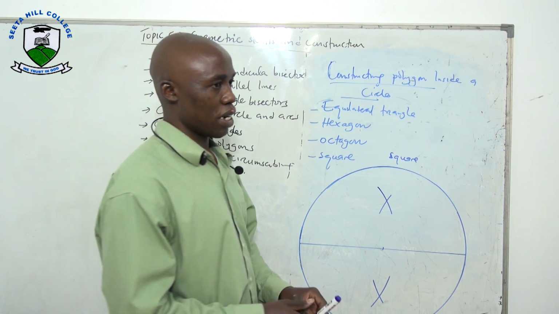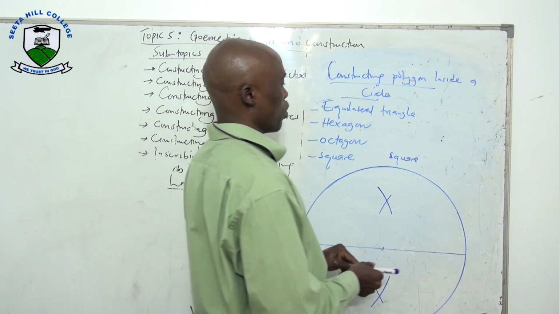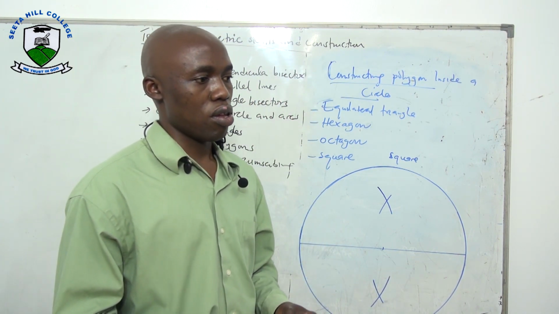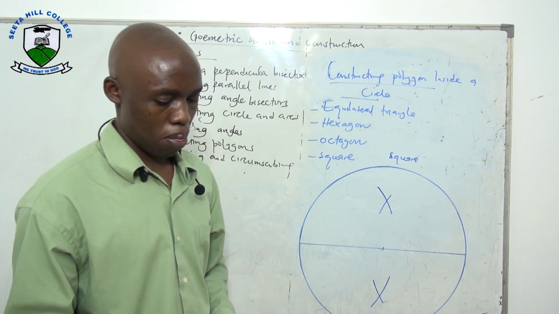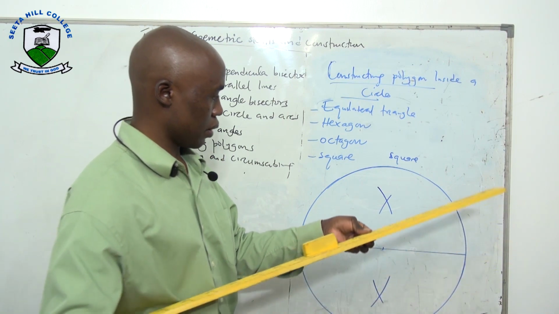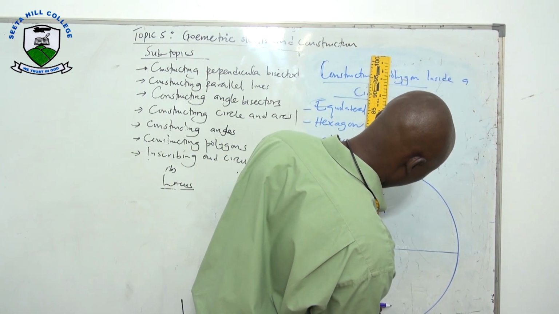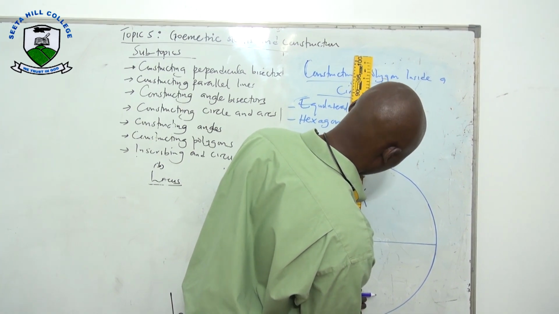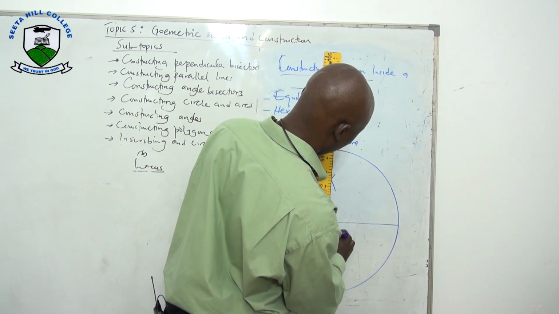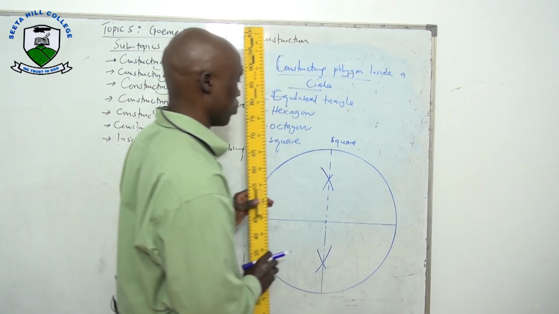If we fix the radius of a circle for you, make sure you can use a circle of radius 4. Now, that perpendicular bisector, yeah.